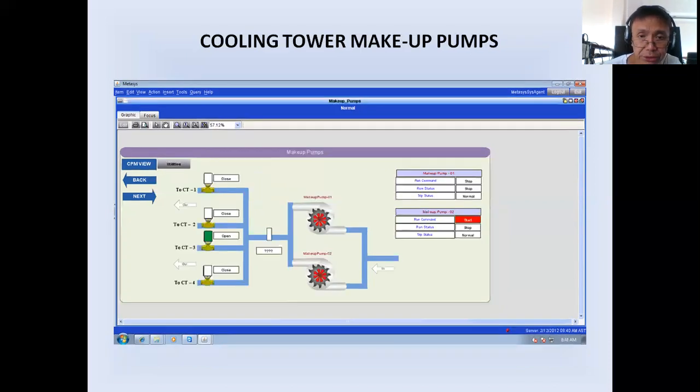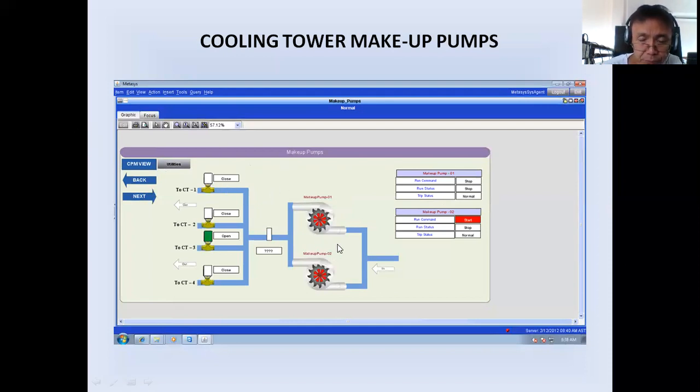Okay, let me go to the next slide. So this is the makeup pumps. Now the purpose of the makeup pump is to maintain the level of condenser water in the basin of each cooling tower. As I said, there will be one butterfly valve going to each cooling tower. So when there is a low level alarm in that cooling tower, this valve will open, then the pump will run.